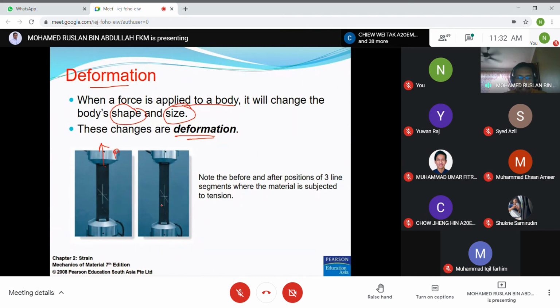Pull means tension, and push means compression. If we pull, the change in length we call elongation, or expansion. When we push, the length becomes smaller, so we call it contraction. These are the terms that we use in this chapter.